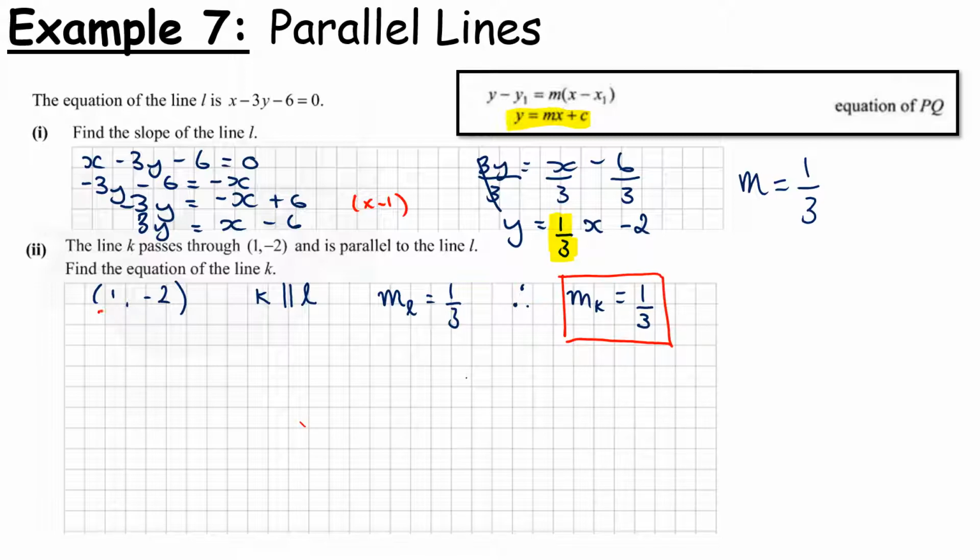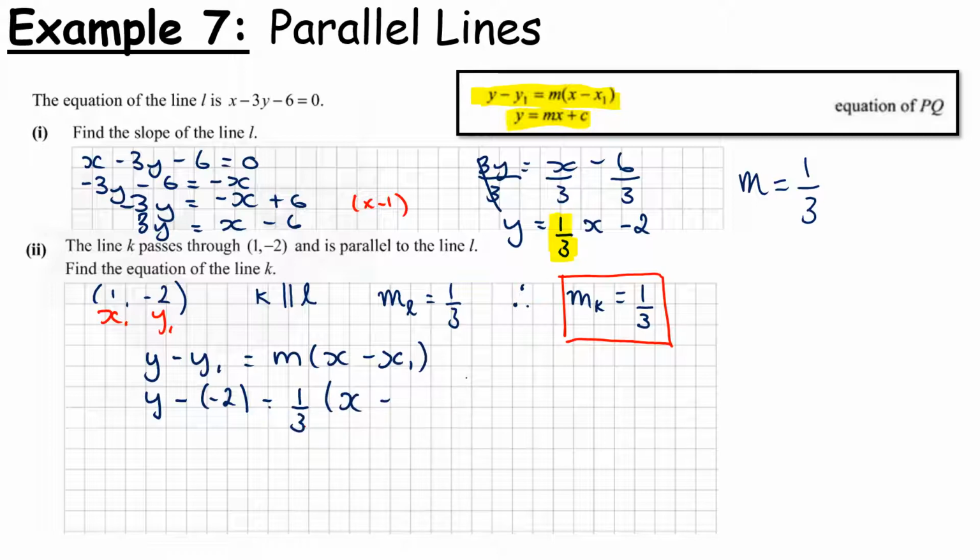So I have my slope here. I can label this point x1, y1. And now I'm going to work with the first equation. Remember, we said the first equation is for when we want to find or build the equation: y minus y1 is equal to m bracket x minus x1. So y plus 2 is equal to a third bracket x minus 1. Now, I don't like that fraction, so I'm going to multiply both sides of my equation by 3 to get rid of that.